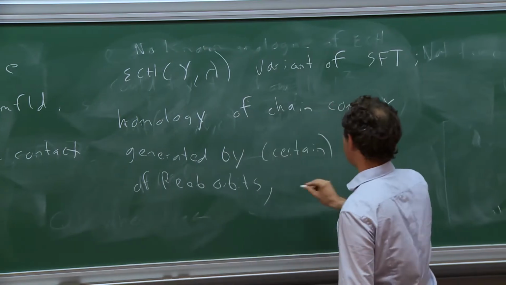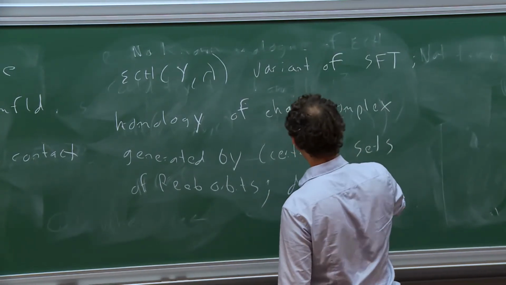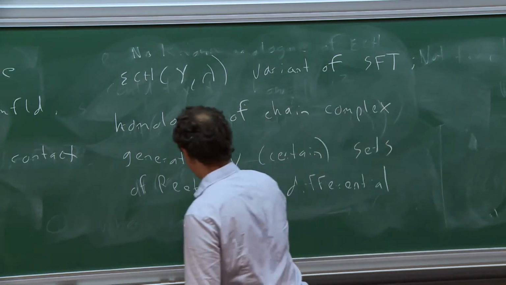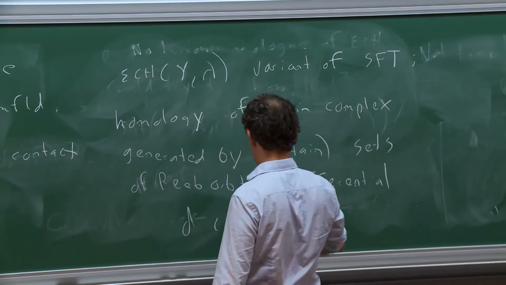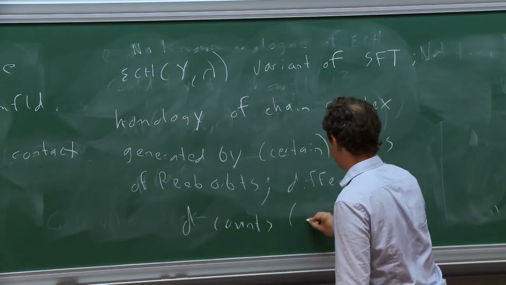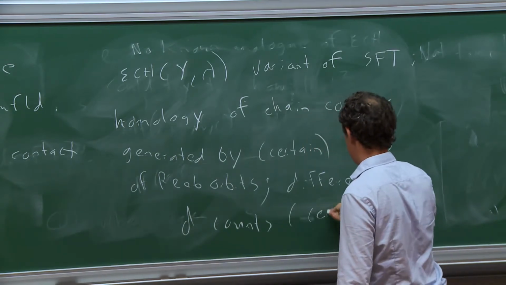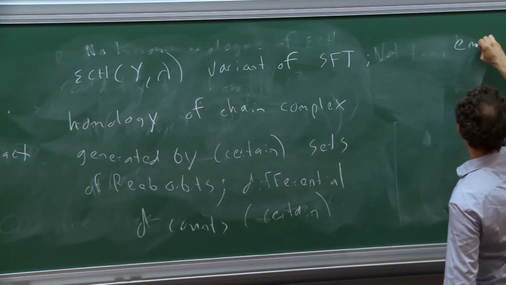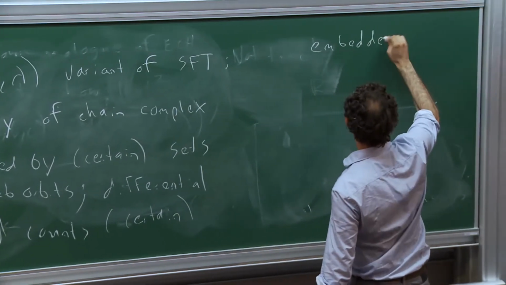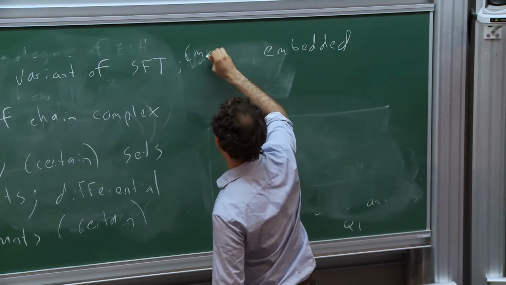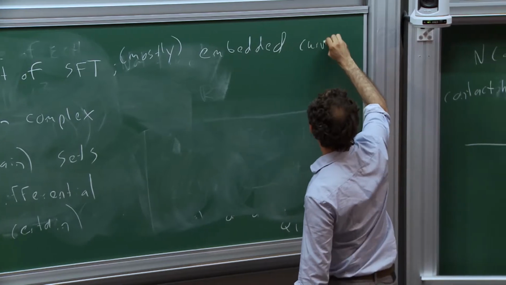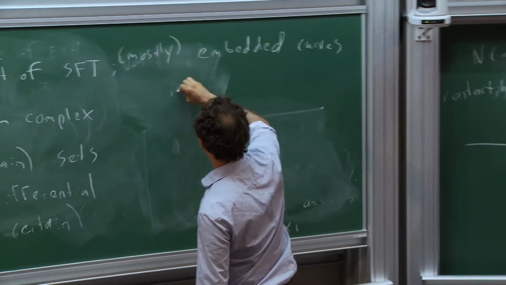And the differential D counts certain embedded, except they're maybe just mostly embedded curves in R cross Y.